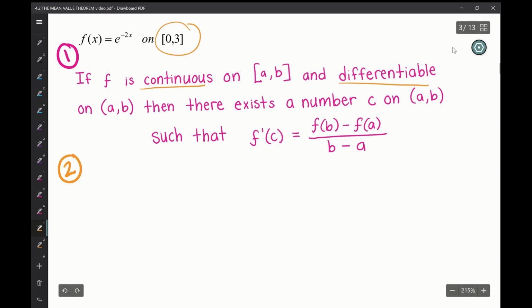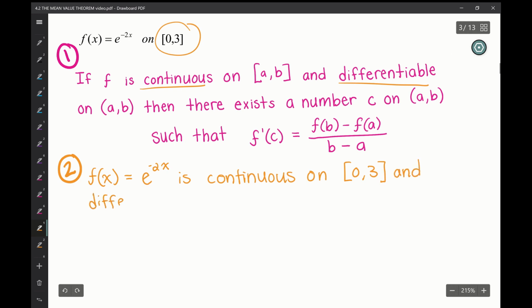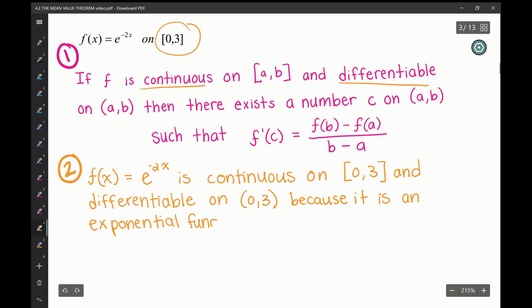So f of x is equal to e to the negative 2x is continuous on the closed interval from 0 to 3 and differentiable on the open interval from 0 to 3 because it is an exponential function, which we know are continuous and differentiable over their domains.